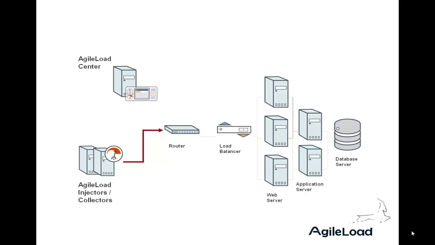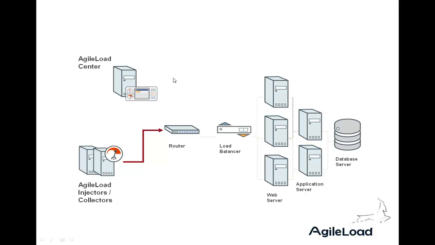Okay, so now back to our application diagram. We've got our database back here, app server and web server. We've seen this before in some of the other videos. And we've got AgileLoad Center, and typically AgileLoad Center would be controlling local injectors or collectors, which could even be on the same machine or on machines in the same LAN as AgileLoad.